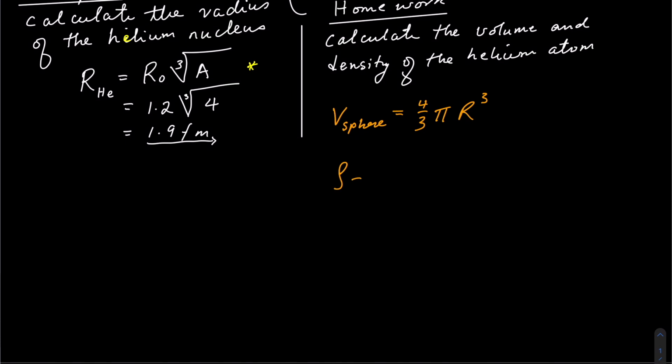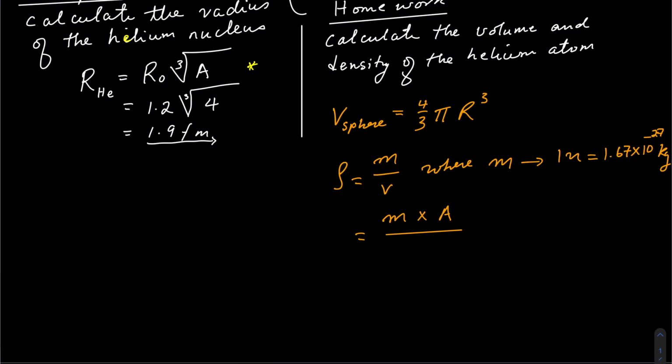For the density, we need to use the equation m over v as the defining equation for density. So the mass of the nuclides inside would be 1u, or 1 times 10 to the power minus 27 kilograms.